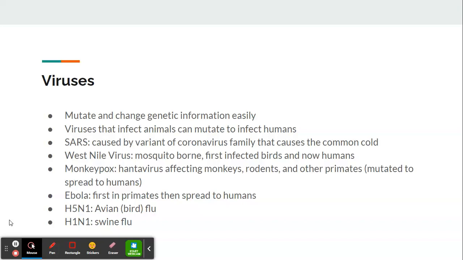Ebola, we also first saw in primates, then spread to humans. And then H5N1, or the bird or avian flu, and H1N1 or the swine flu, I would make sure that you're at least able to identify the difference between which of those is avian and which of those is swine, as well as which of these diseases is a hantavirus.